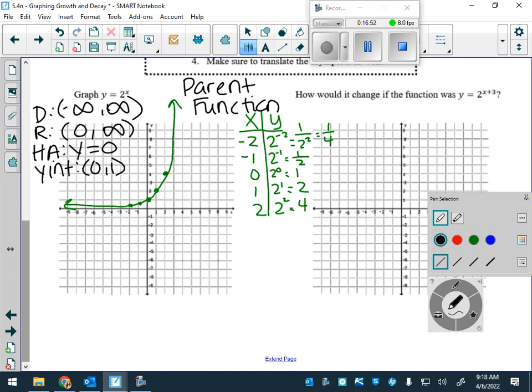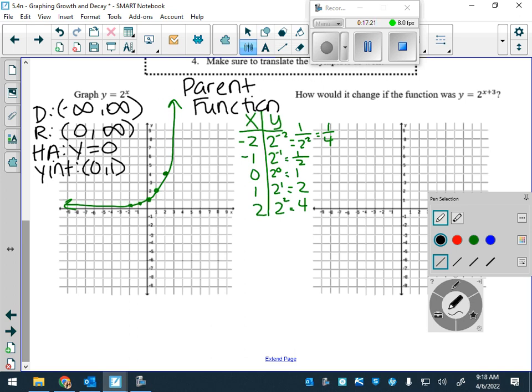Now, what would change if my function was y equals 2 to the x plus 3? Careful. Careful. Okay, which one would it be? Why? I love it. Okay, but why was that your second option? Because usually, like the old transformations, when you had a plus 3, like in parentheses, it means you go left.